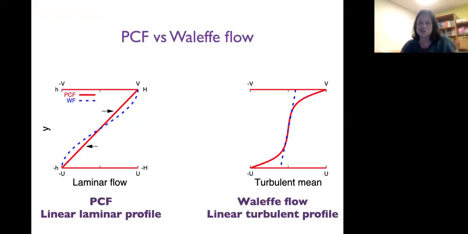And let me show you then more about Waleffe flow. This is the laminar flow. Recall that it's sinusoidal in the case of Waleffe flow, and straight, we know, for the case of plane Couette flow, a straight laminar profile.